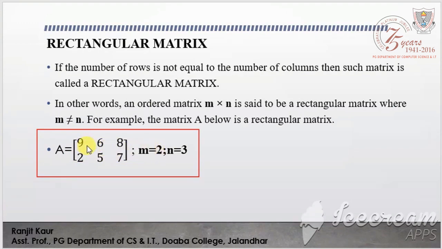And how many columns are there? 1, 2, 3. That means 3 columns. So the value of n is equal to 3. You can see clearly over here the value of m and the value of n are different. So in a rectangular matrix, m is not equal to n. I hope you are clear with the rectangular matrix.